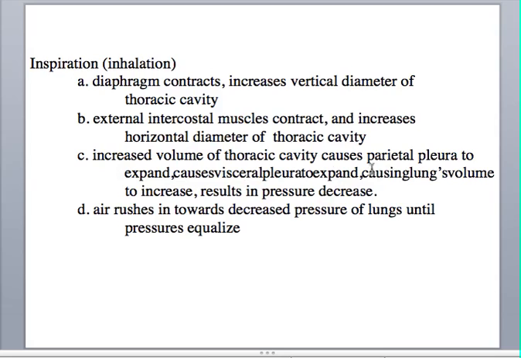And that increased volume will cause your parietal pleura to expand and will cause the visceral pleura to expand, causing the lungs' volume to increase, resulting in a pressure decrease, and the air will rush in towards the decreased pressure of the lungs until the pressures equalize.